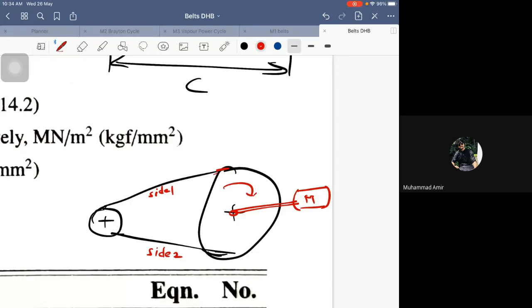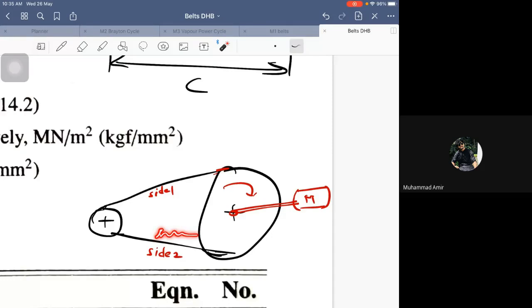In side 1, what happens? It will have a continuous pulling action like this. This particular pulley will be pulling continuously. On side 2, on the opposite side, it would be leaving the belt. The pulley would be pushing the belt like this.